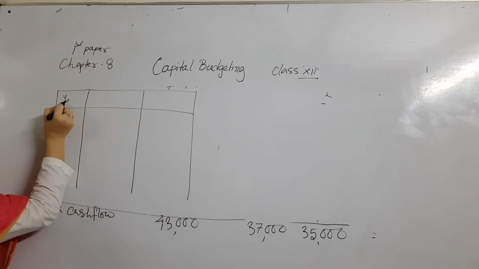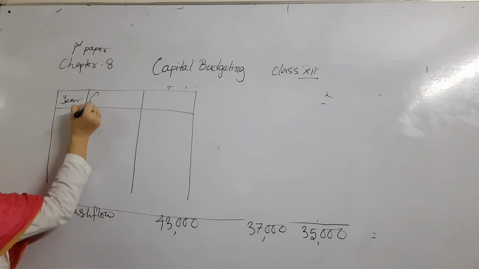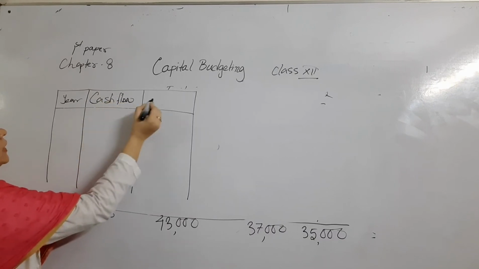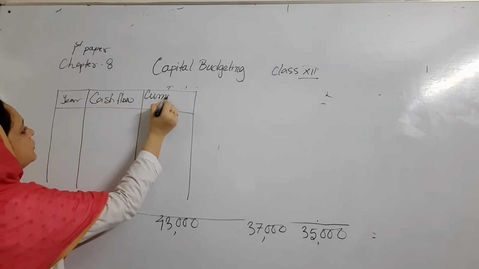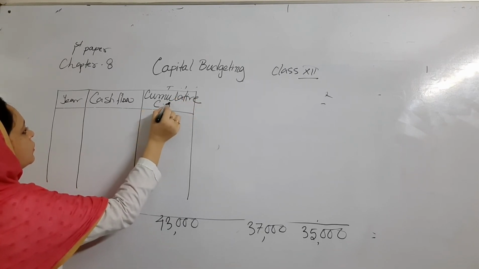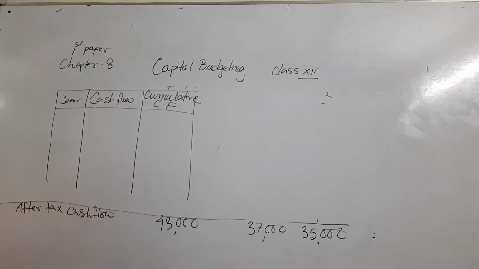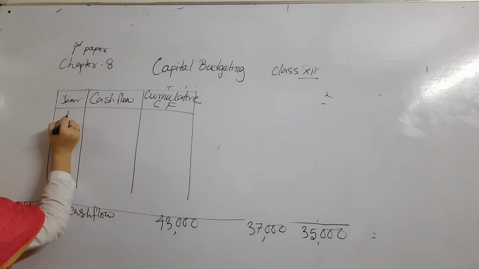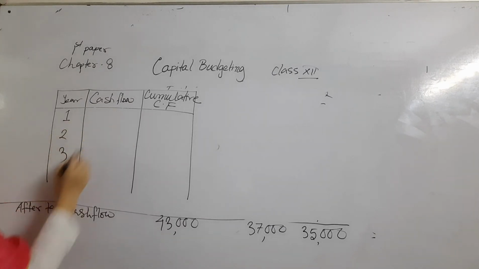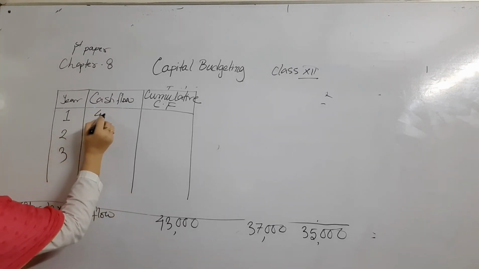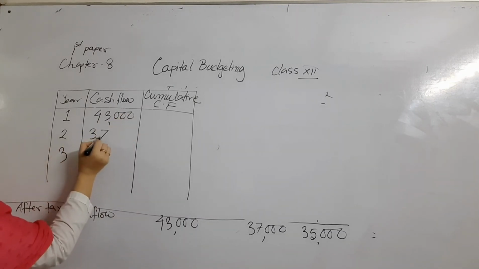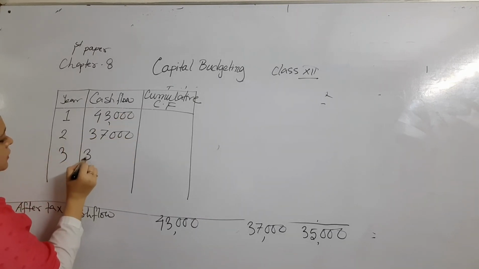The years are 1, 2 and 3, and the cash flows are 43,000, 37,000 and last one 35,000.